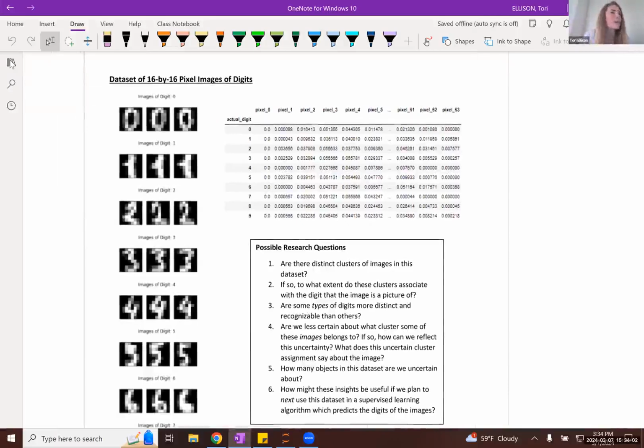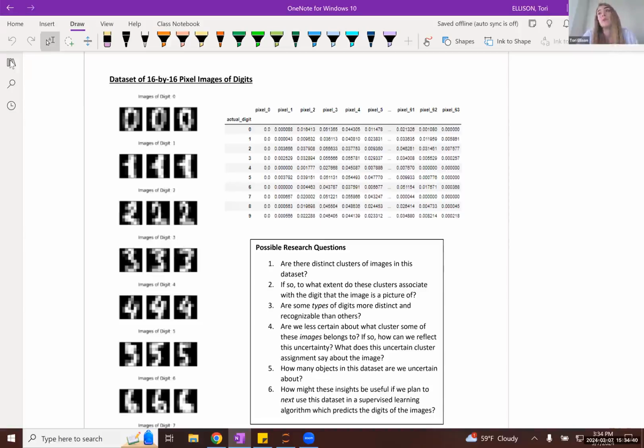Just out of curiosity, has anybody heard of this data set before, or have you used it before? You're allowed to say no. It's a pretty popular machine learning benchmark data set. By a benchmark data set, we mean these very popular data sets that data scientists play around with when exploring how given algorithms might perform on them.